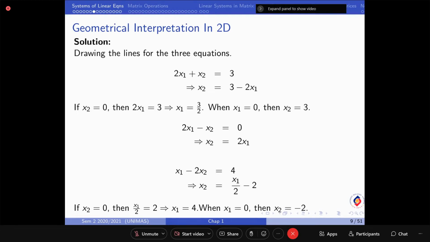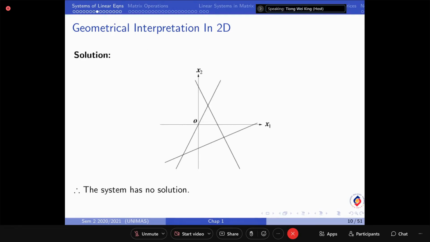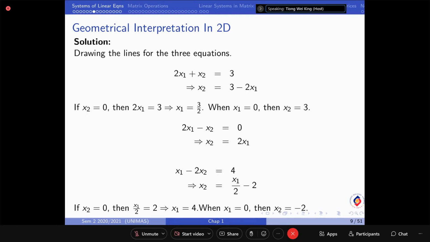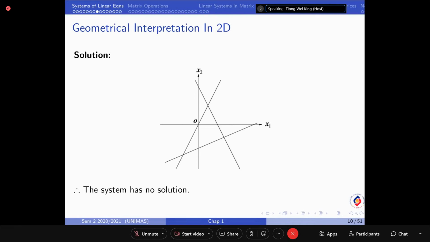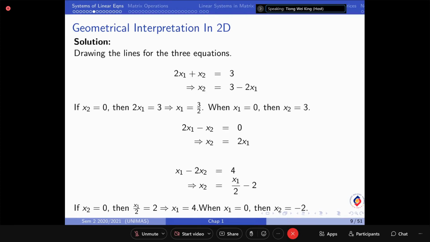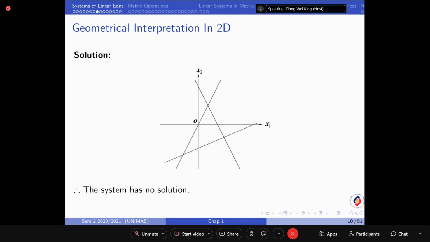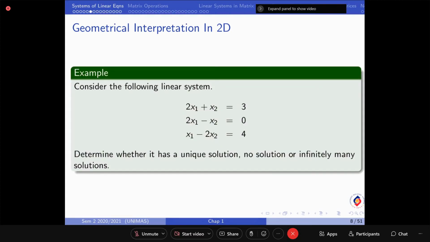One of the lines is this. See, our slope is -2, so it will be this line for x1.